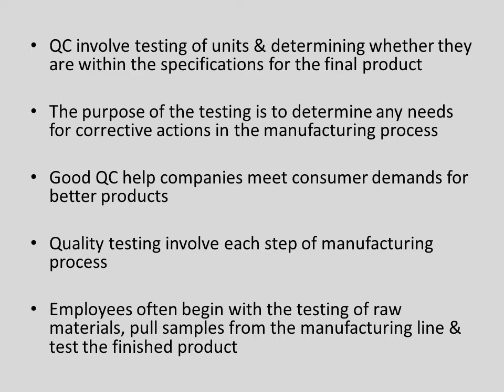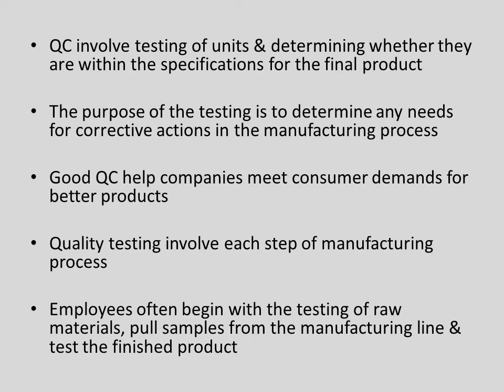For example, employees often begin with the testing of raw materials. So testing starts with raw material, meaning before the start of the process. Then testing also continues, and for that purpose employees pull samples from the manufacturing line, and after raw materials this testing remains continued during the process of production.